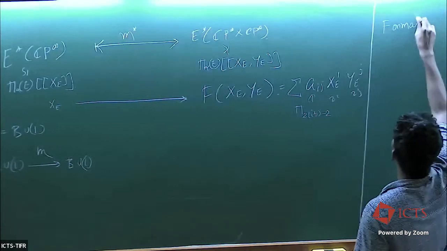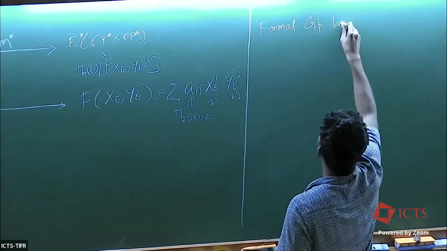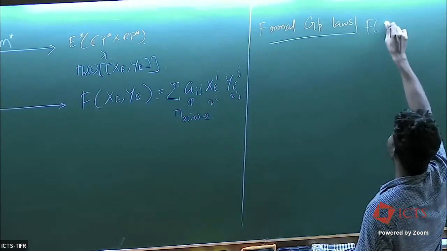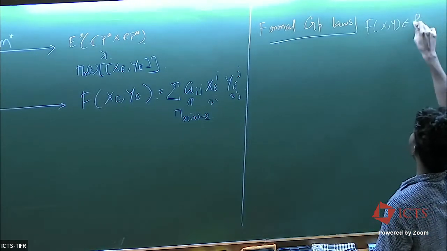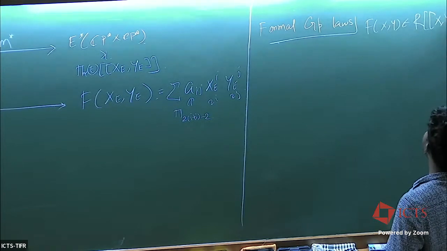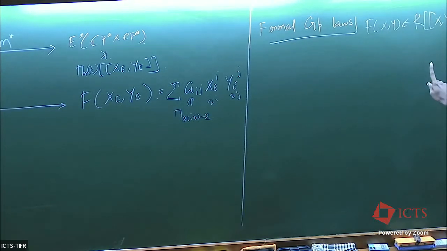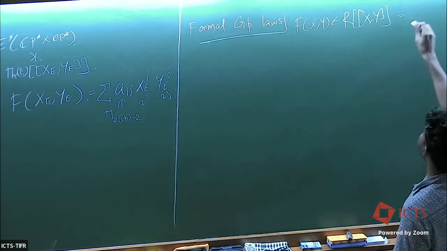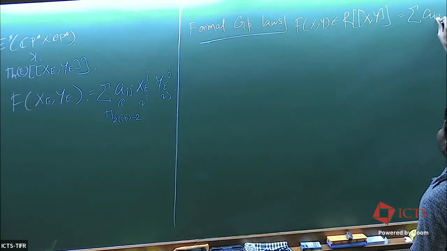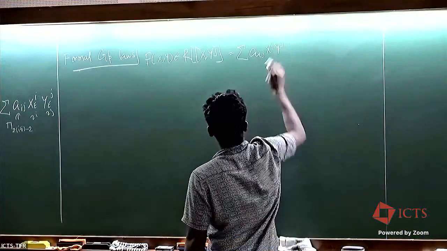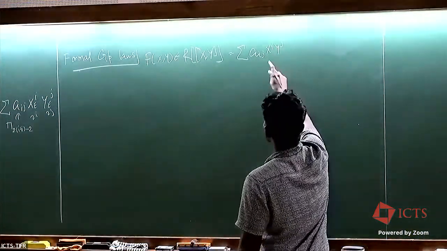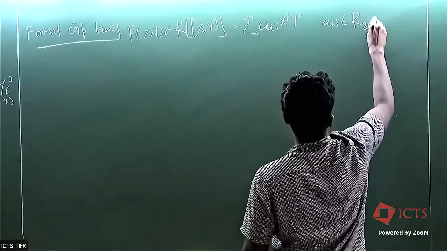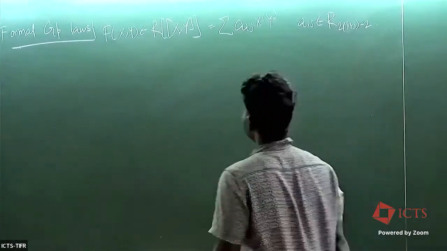Formal group laws. By a formal group law, I mean an f(x,y) in R[[x,y]], where this R is graded, and this f(x,y) looks like the sum of aij x^i y^j, where the degree of x is 2, the degree of y is 2, and aij belongs to R of 2(i plus j minus 1).